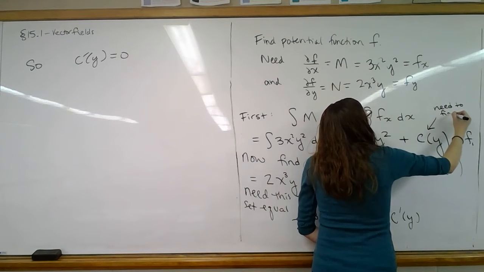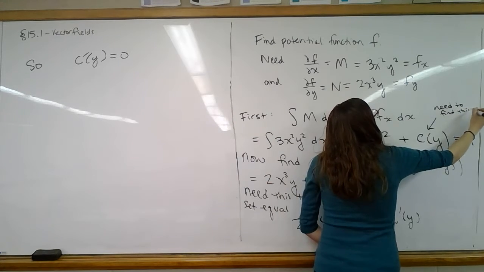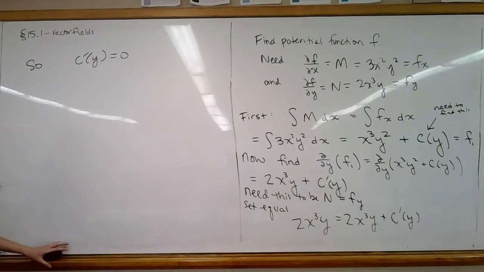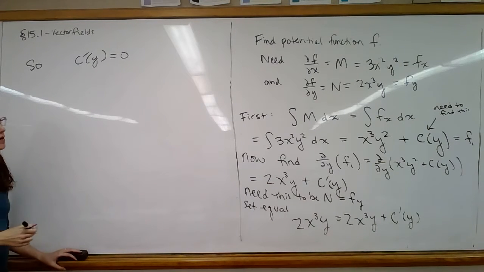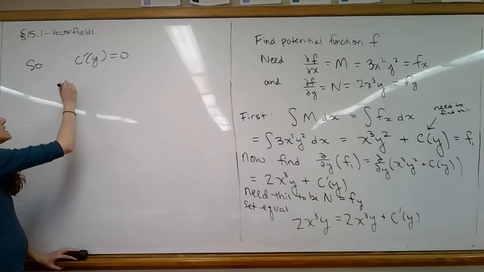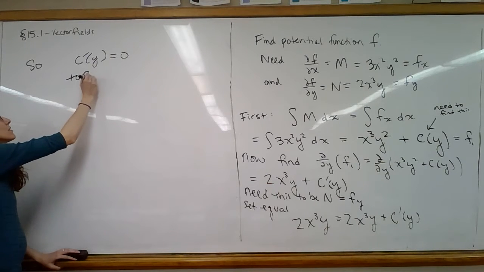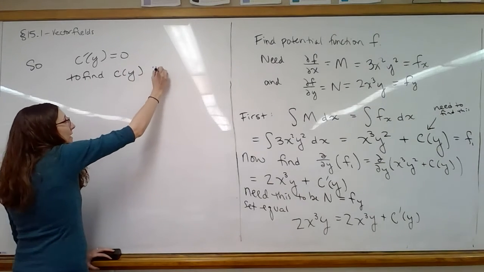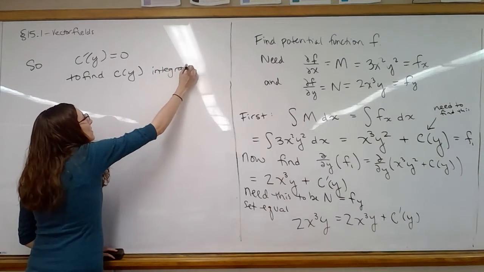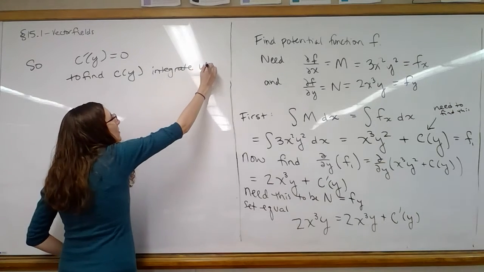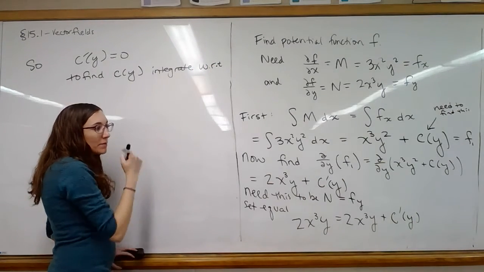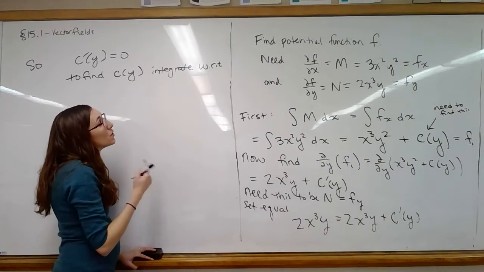So we need to find this. Well, I know its derivative is 0, so if I need to find c, we need to integrate again. But this time, the way that we got that c prime was we did it by taking a derivative with respect to y.